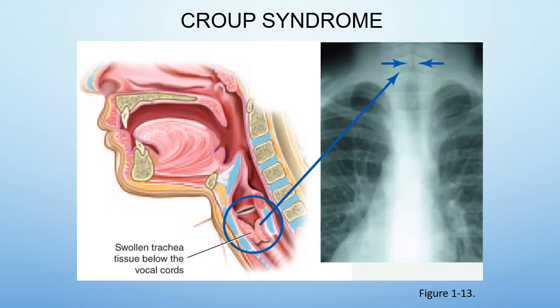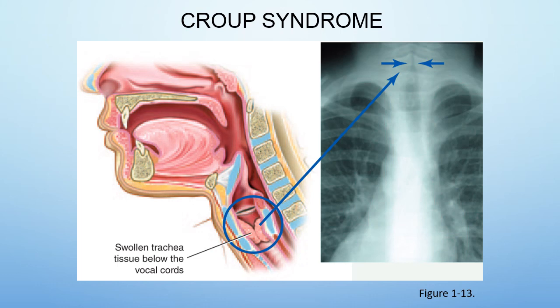Here's croup syndrome so you can compare. What you see in croup syndrome on the X-ray, where the arrows are pointing, is the steeple sign. If you think of the peak of a traditional church, they always had what we call a steeple. So the top was very narrow and skinny, the bottom widened out, and you can see this in the X-ray in figure 113.